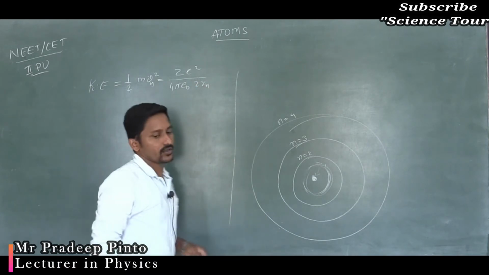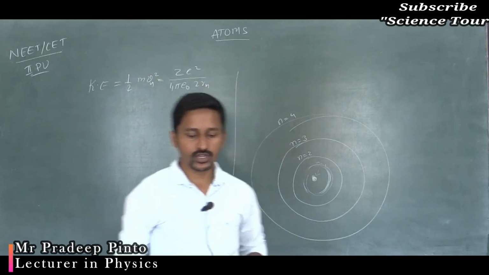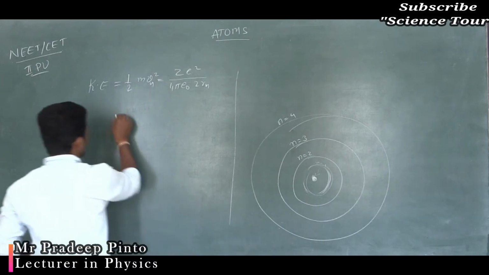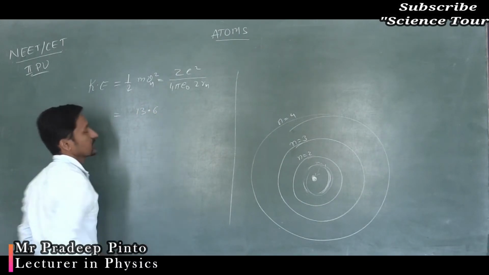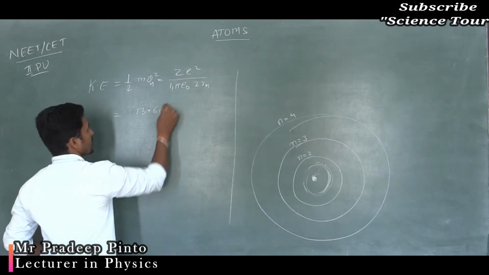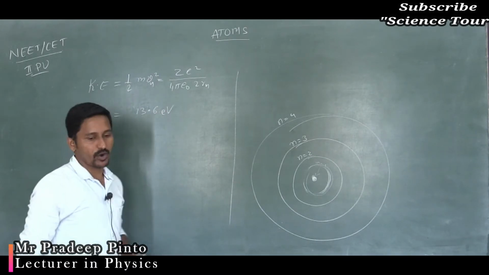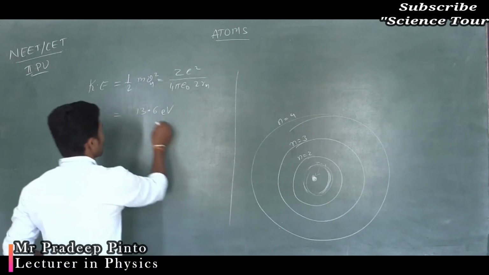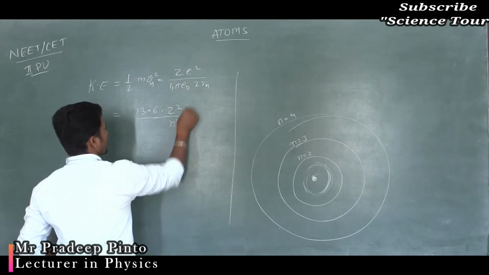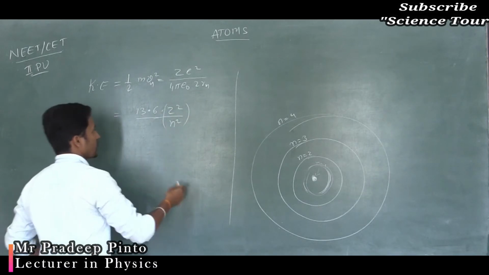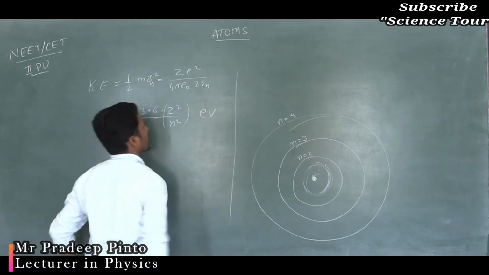Then you substitute Rn, and you get kinetic energy as 13.6 eV into Z square divided by n square, where Z square and n square vary. This is in terms of electron volt.